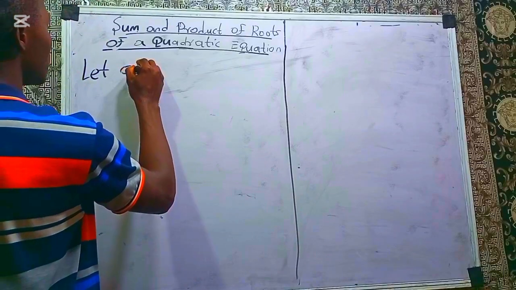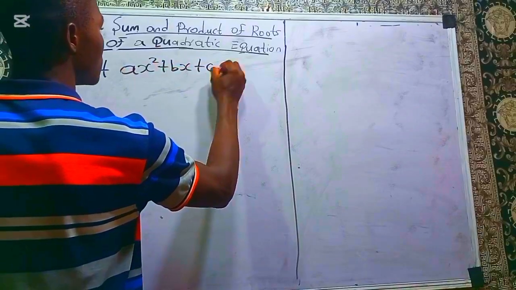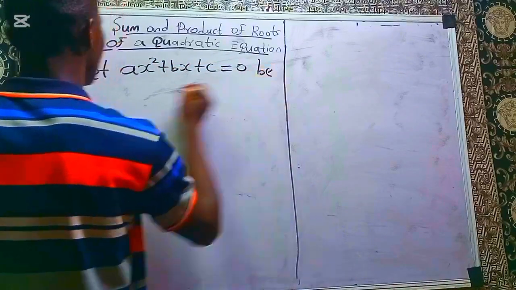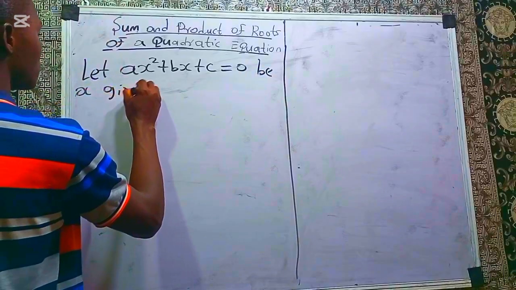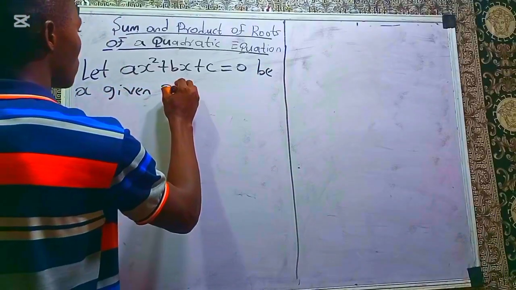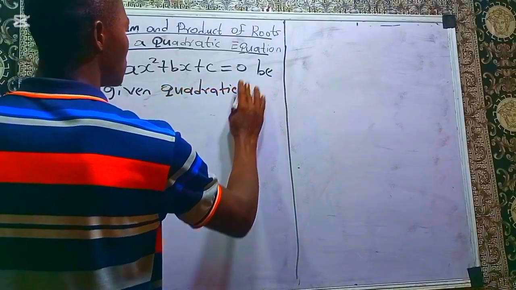Let ax squared plus bx plus c equals 0 be a given quadratic equation.